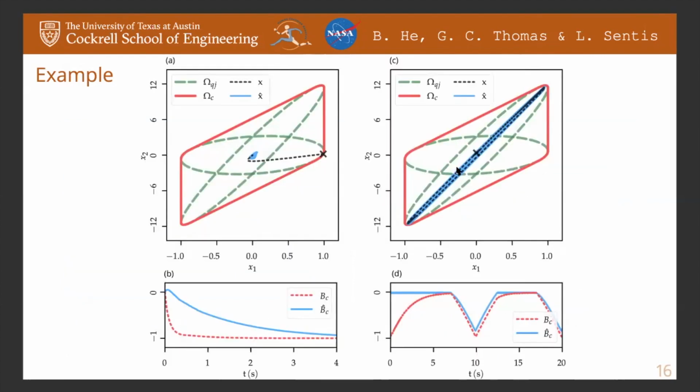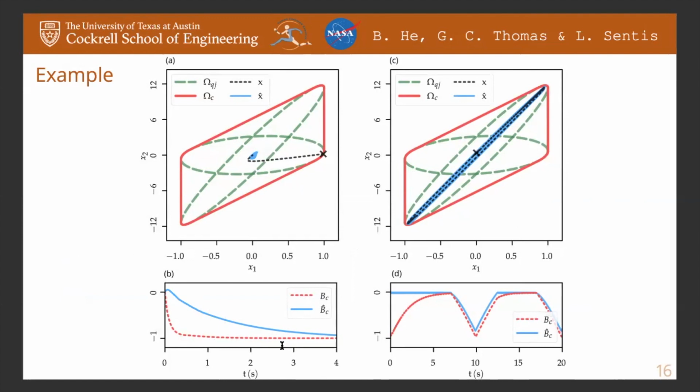We simulate the system by releasing the state from the boundary of the invariant set. Certainly, the system should be stable with this static output feedback controller. But our purpose is to make sure that the estimated bound of the barrier function is greater than or equal to the true barrier function value.